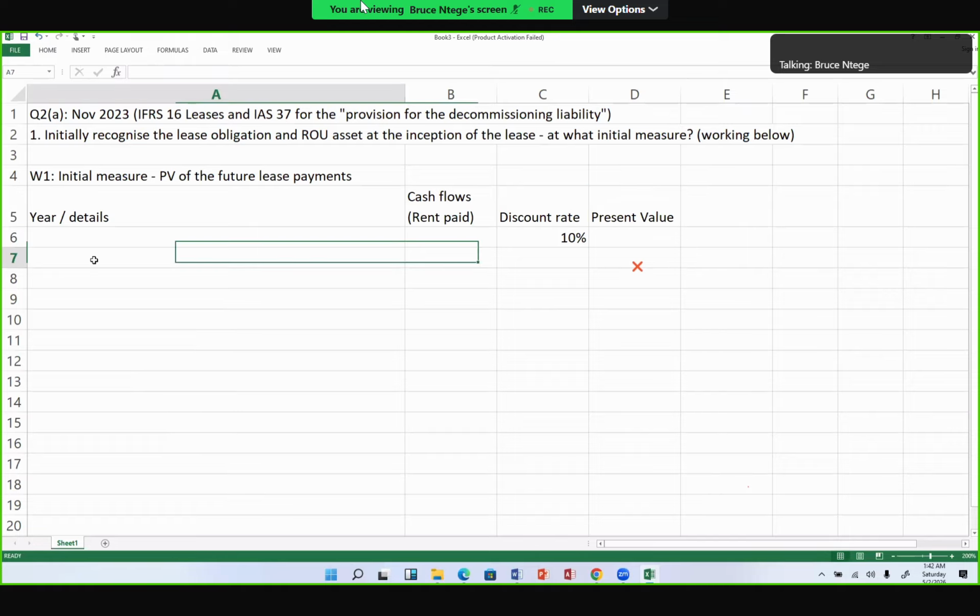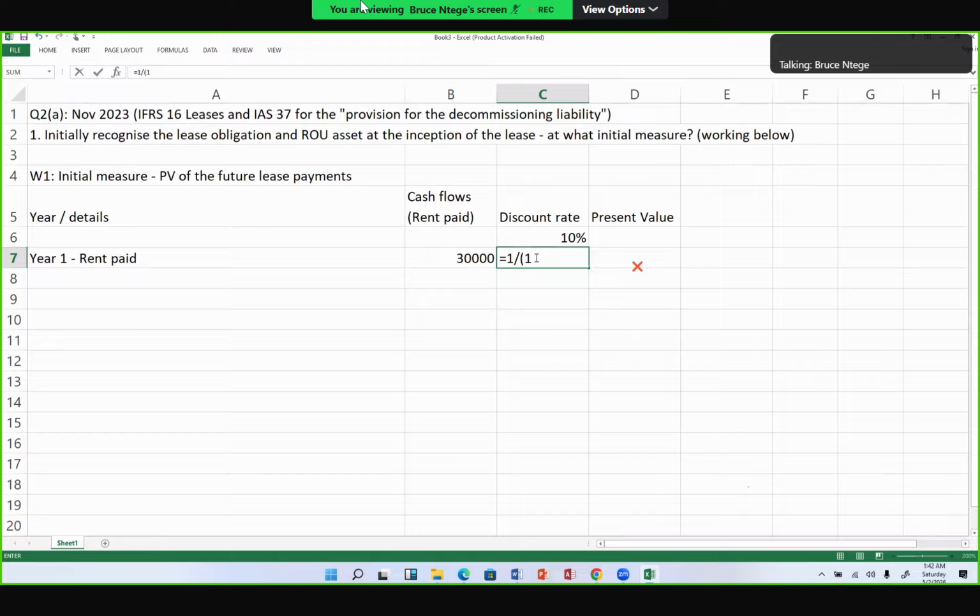This year 1, all that we shall pay will be the rent. Rent paid will be 30,000. The discount factor here, I hope you know the formula, is 1 over 1 plus R, where R is that 10%, to power n. N is the number of years, so this is year 1, to power 1.